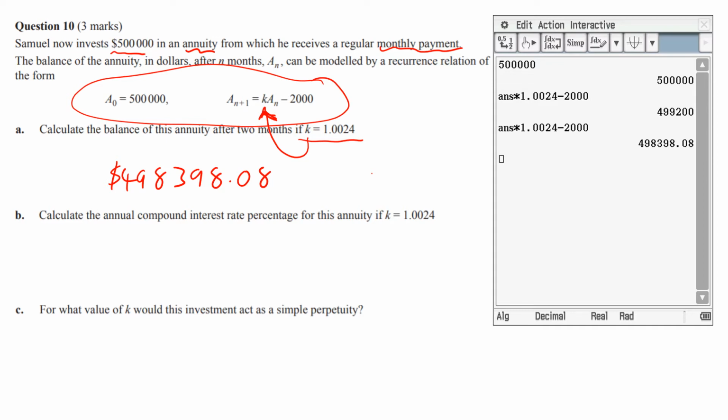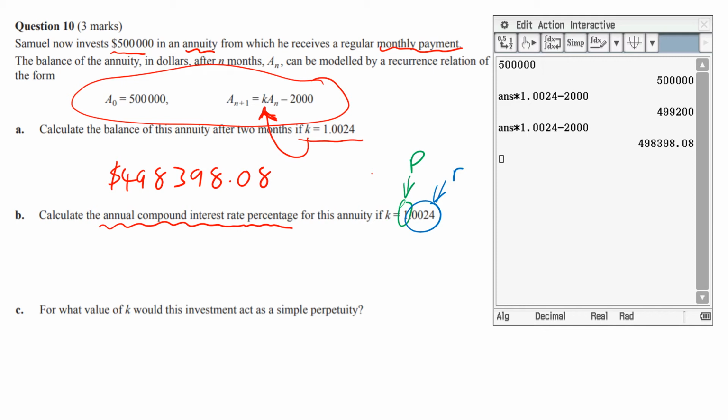Next one, calculate the annual compound interest rate percentage for this annuity if K equals this. So again, let's just remind ourselves that the 1 is the principal, and then the rest of it is the interest rate.